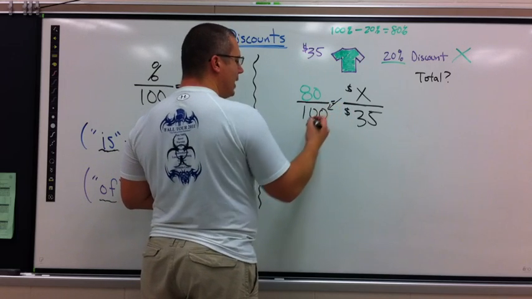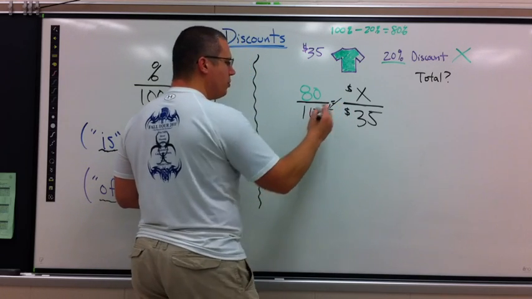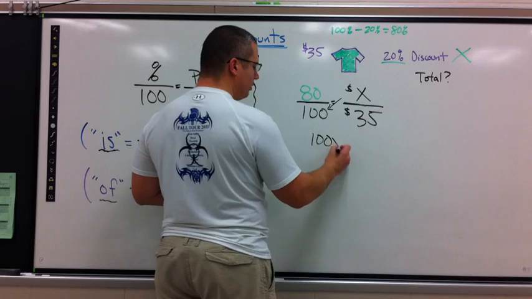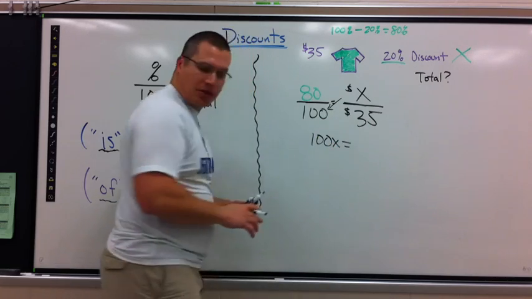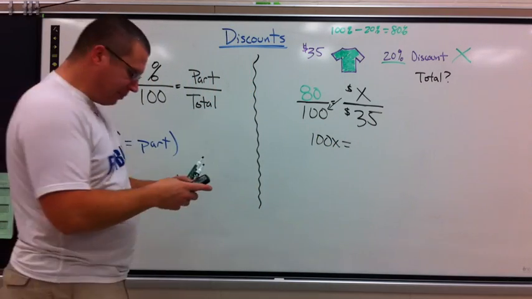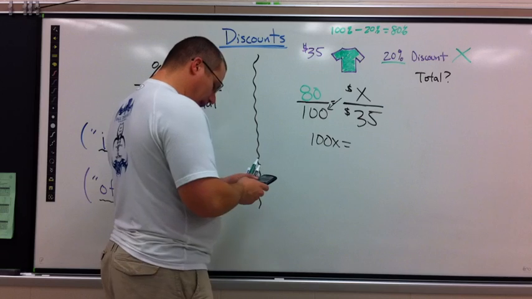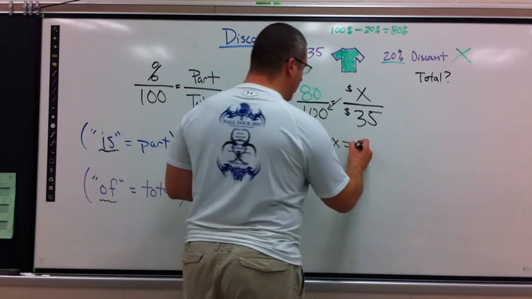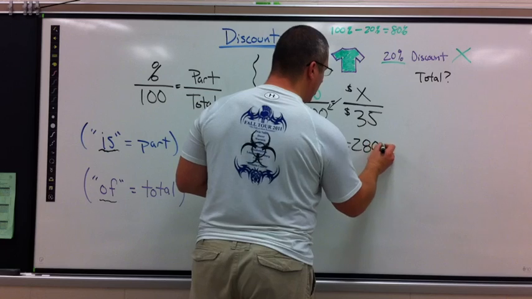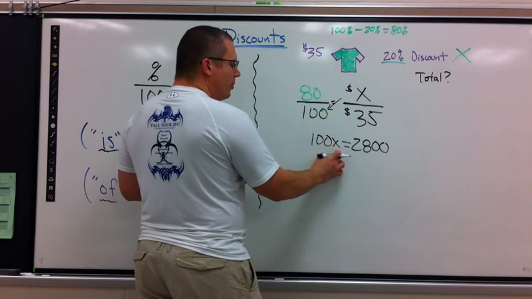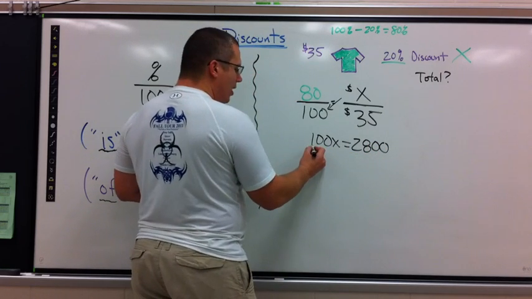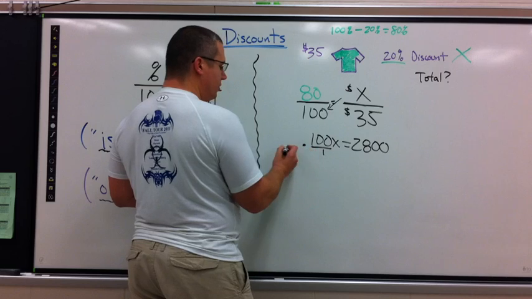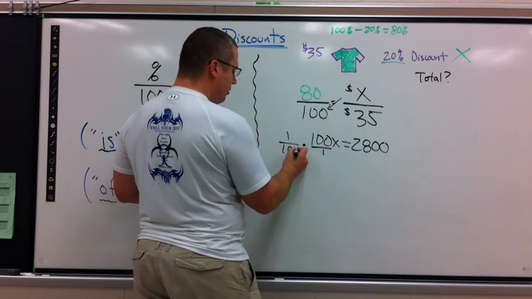Okay, I'm going to multiply diagonally with cross products as usual. 100x equals 80 times 35, get my calculator. 80 times 35 equals 2800. Multiply by the reciprocal of the number with the variable. This is 100 over 1. The reciprocal is 1 over 100.